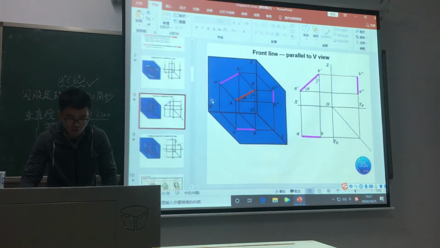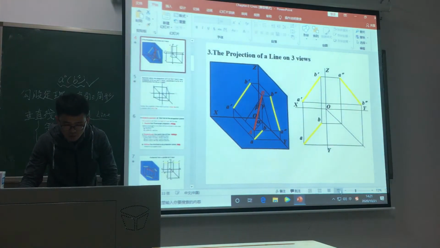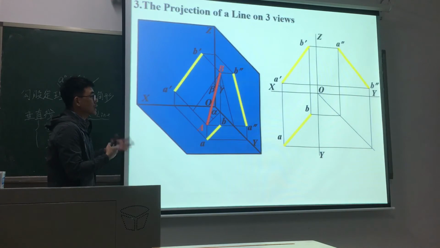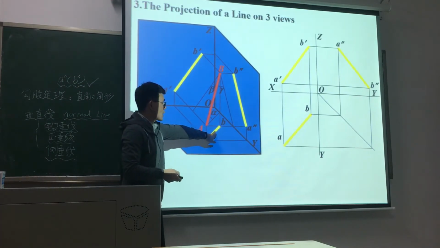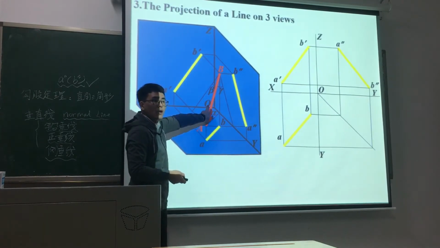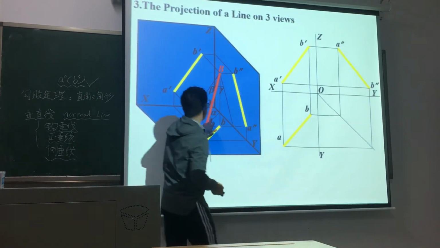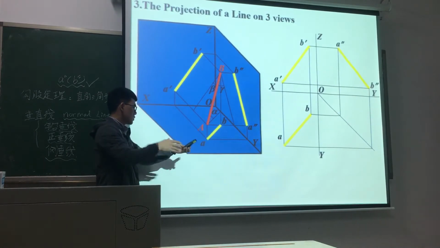But if this one is neither a parallel line nor a perpendicular line, the projection of this line is not equal to this line, and this angle is not equal to this angle, because it is a projection.